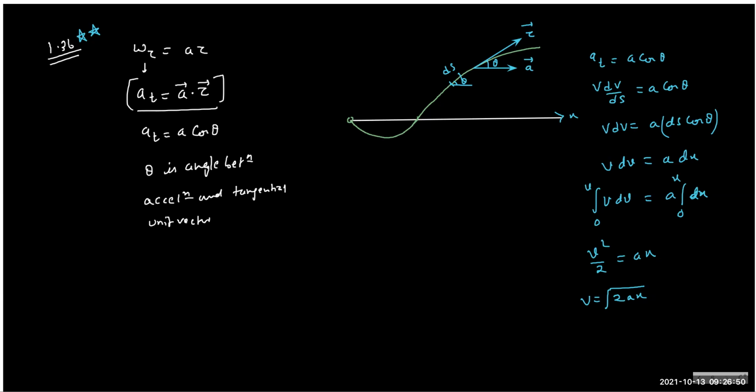So w tau is the a tangential, and a is a constant vector. When a and tau, which are both vectors, are written together, it means a dot product. To understand why, you need to go back to the first page of Irodov and read the preface and the explanation of symbols. But anyway, that's a dot product. That's why I've written it here.